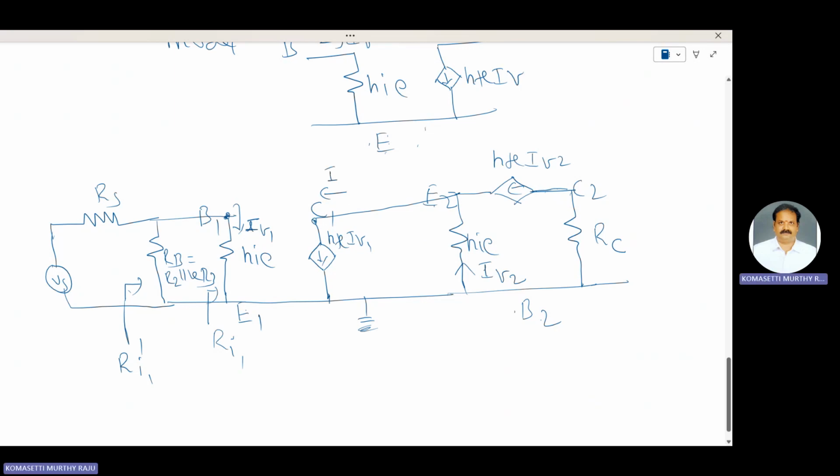Here IC1, IE2, I0, this one is IB2, this one is IC2.